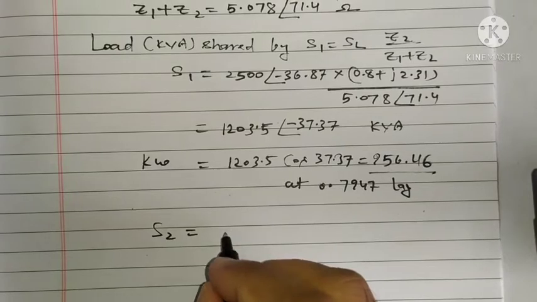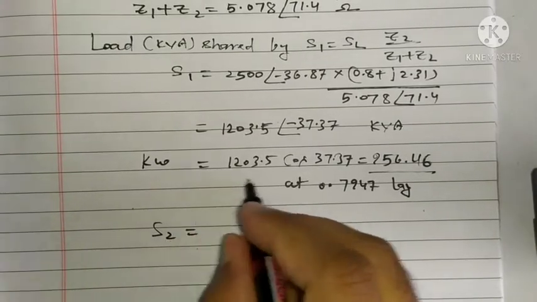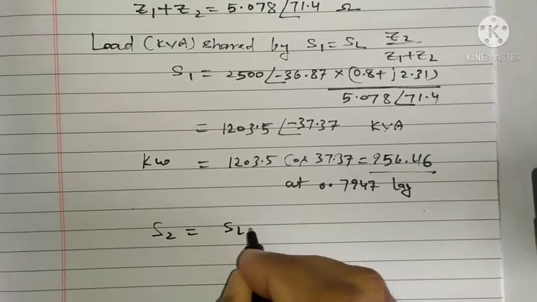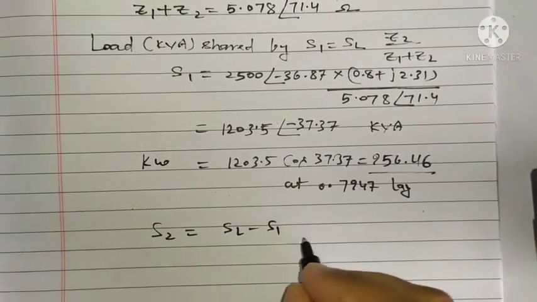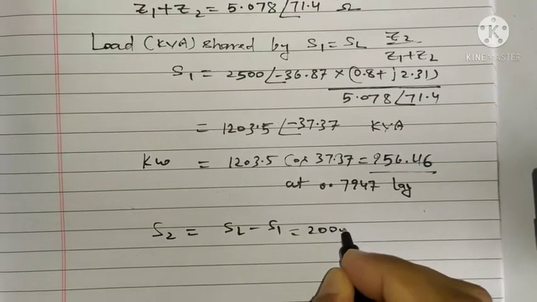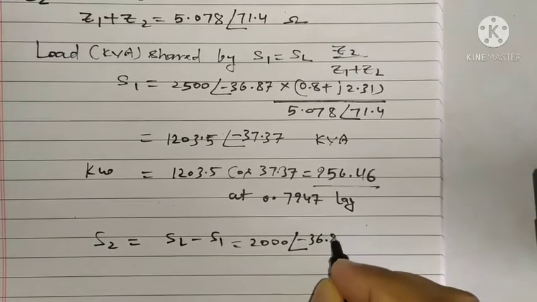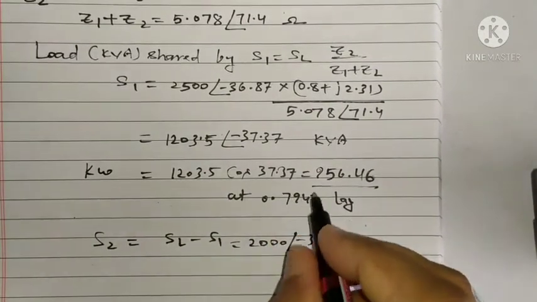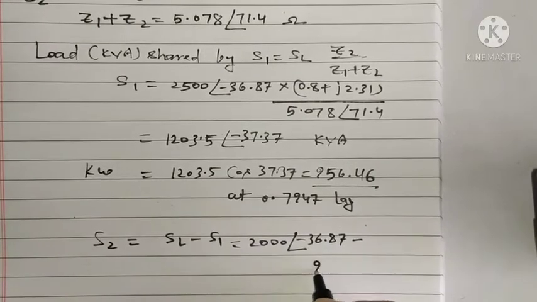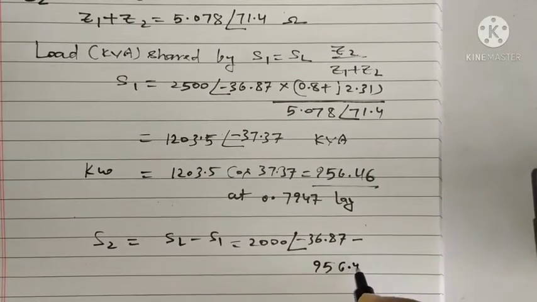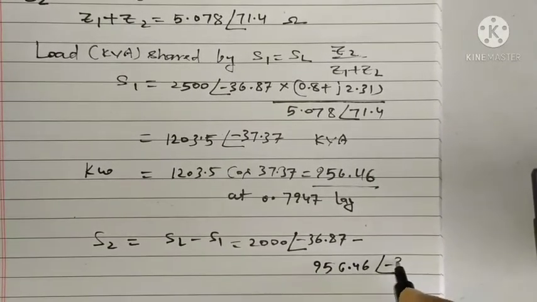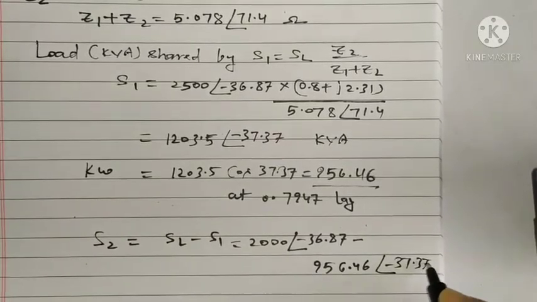and the power shared by the second transformer, S2, can be written as total power minus the power shared by S1. So SL minus S1. If I write SL in terms of kilowatt, it will be 2000 kilowatt at an angle of minus 36.87, minus 956.46 at an angle of minus 37.37.